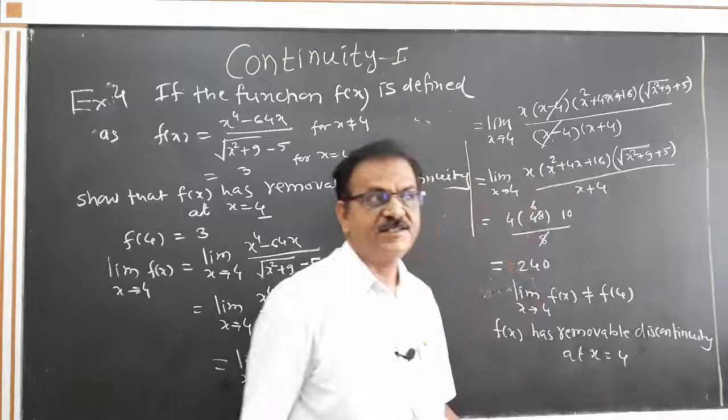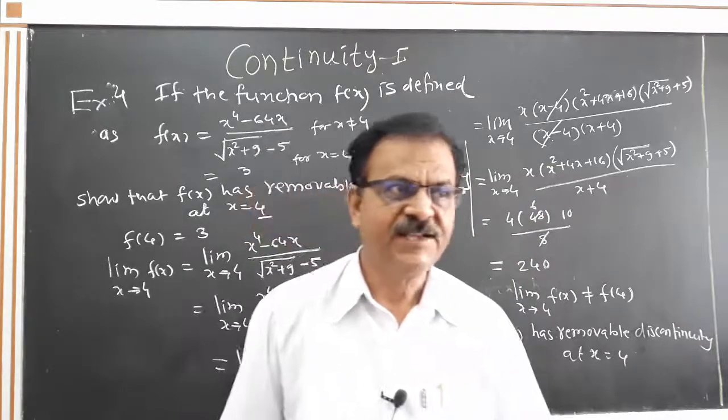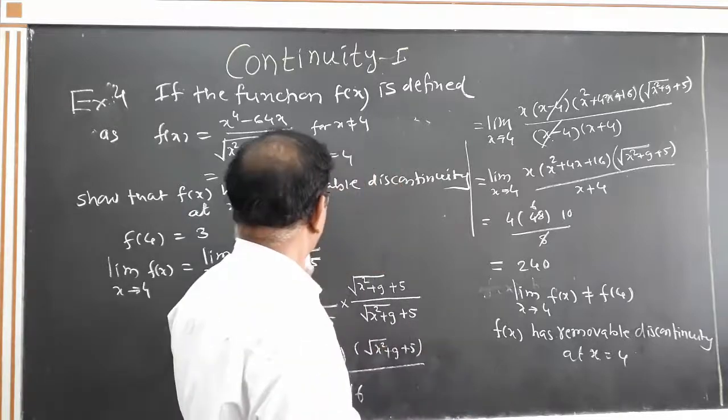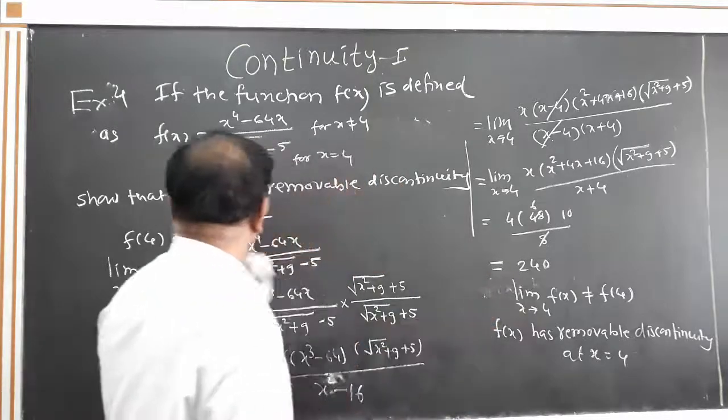Thus the function f(x) is discontinuous at x equal to 4, and this removable discontinuity can be removed by defining f(4) equal to 240 instead of 3.